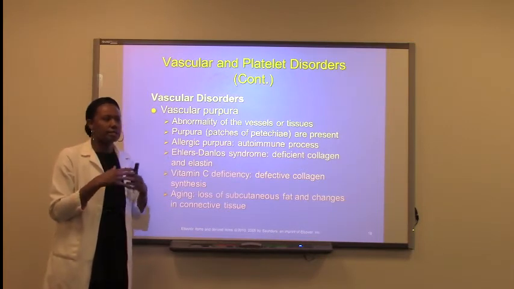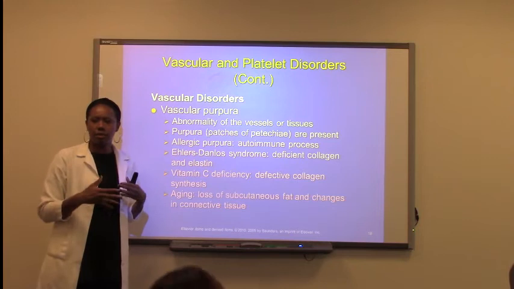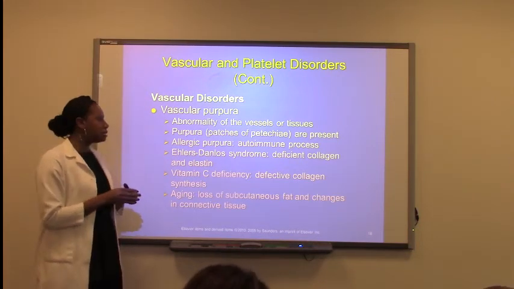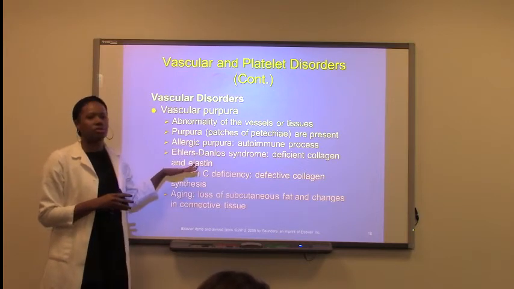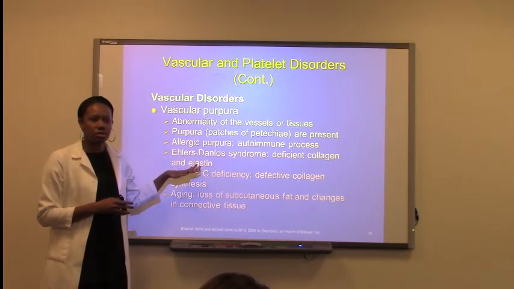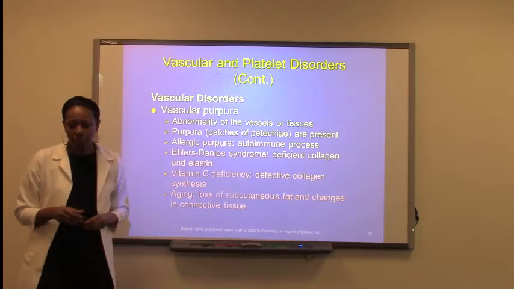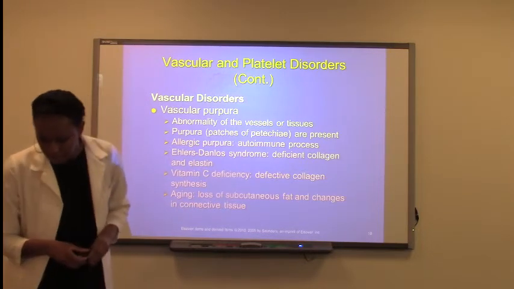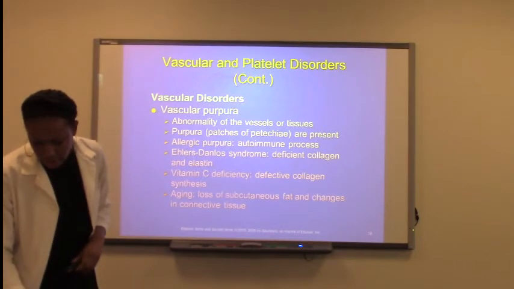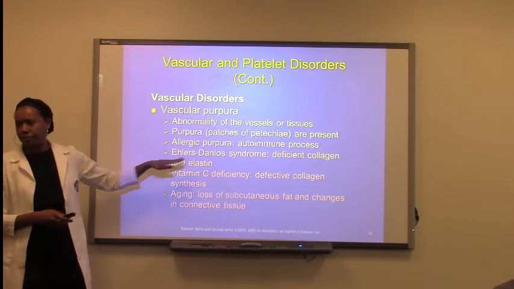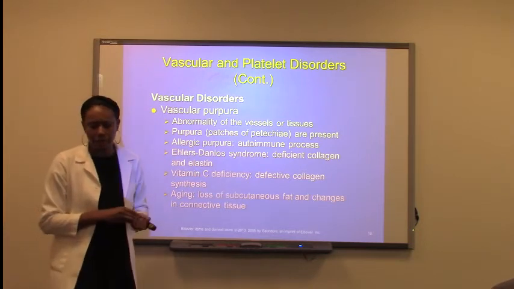So we know that it's now going to weaken the vessels and therefore cause these people to have an increase of bleeding. Please make sure you know that Ehlers-Danlos syndrome is inherited. This is an inherited disorder. It is not acquired. So some patients are actually born with this. They're born with Ehlers-Danlos syndrome. Okay, it's an inherited disorder.